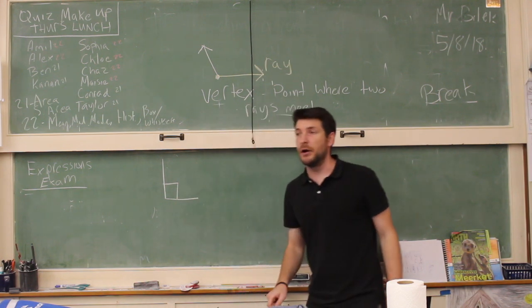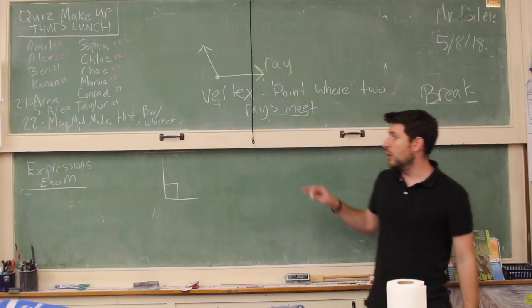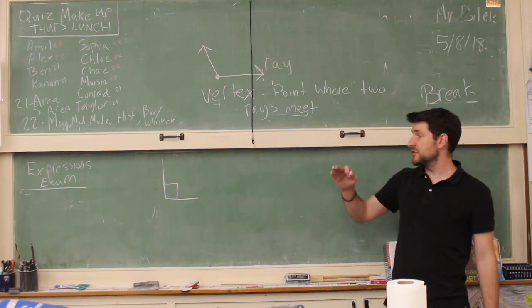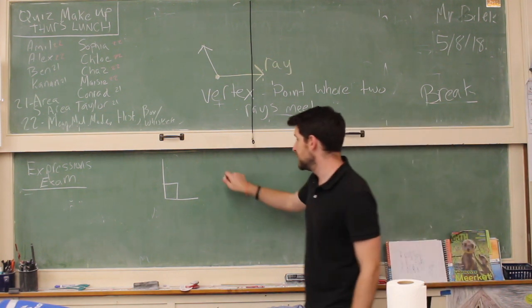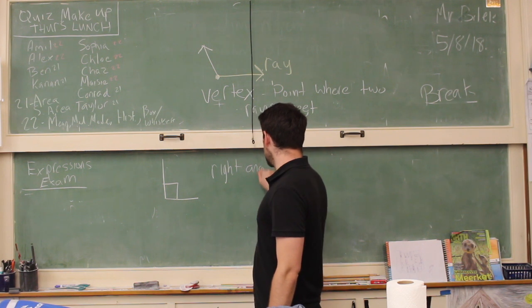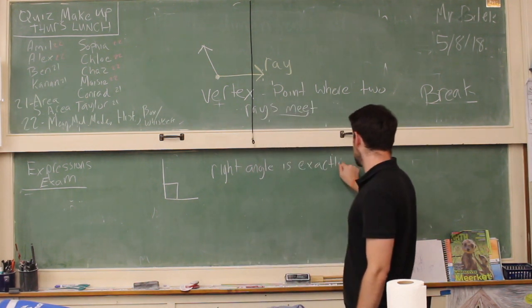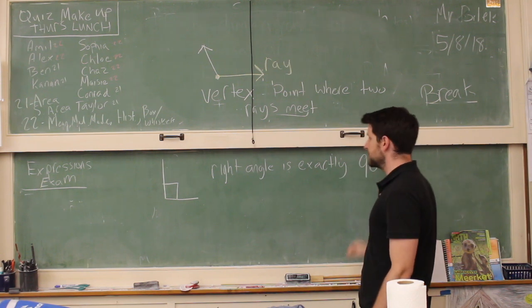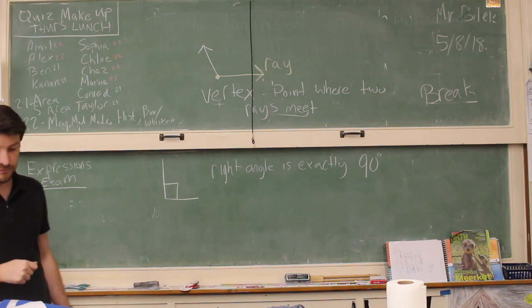We put a little square inside the angle itself to show that they meet at a perpendicular point, and they meet at exactly 90 degrees. So a right angle is exactly 90 degrees. That's the first angle that I want to cover.